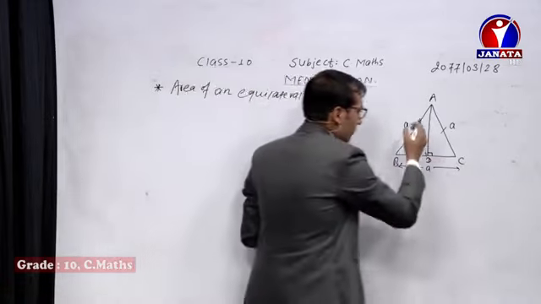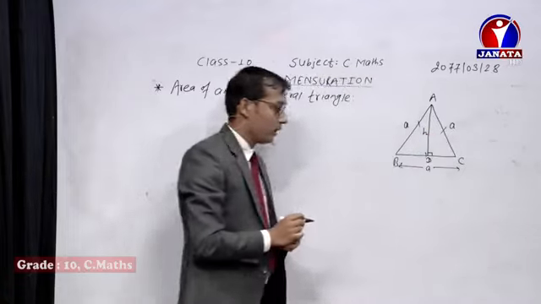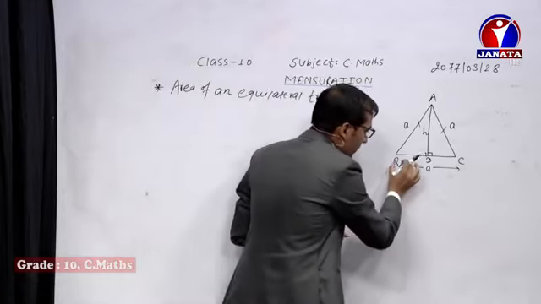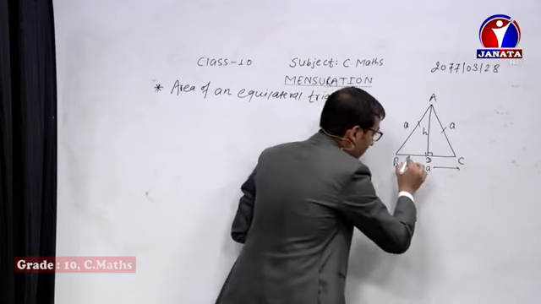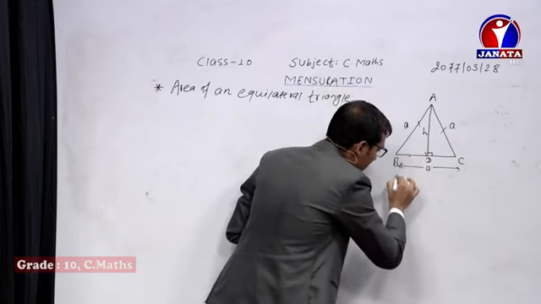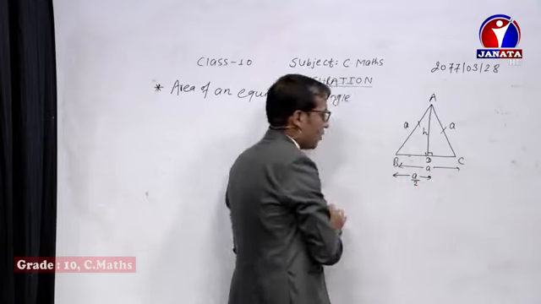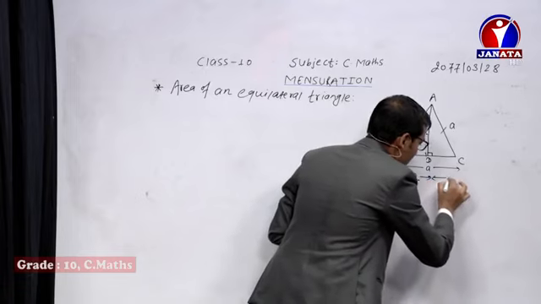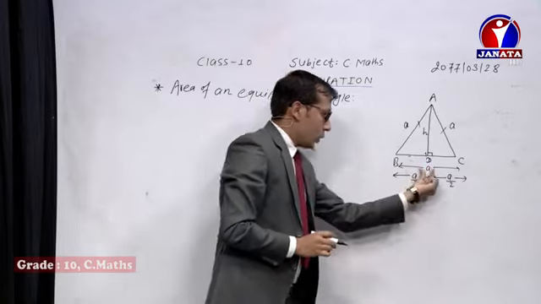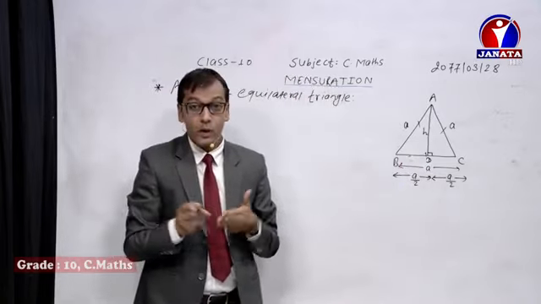If AD is the perpendicular bisector, we can denote height by H. AD is height. Now what is the length of line segment BD? It's A by 2. What is DC? A over 2, because the total length A is equally divided into two parts.